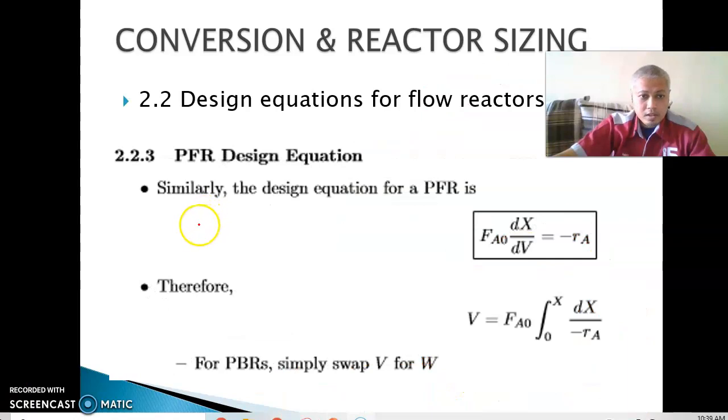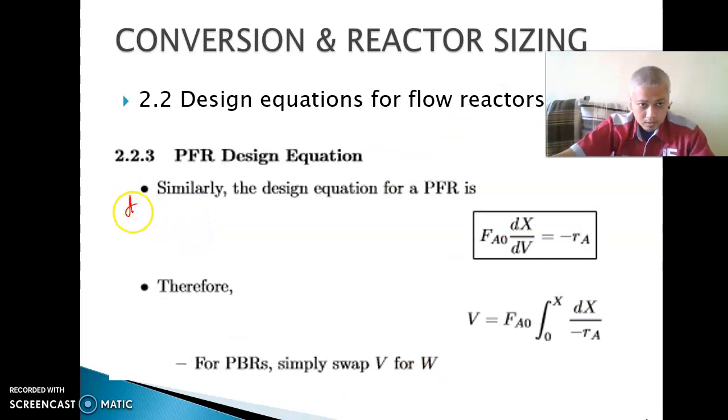Previously for PFR, we have learned about this formula. You can always refer back to the previous lecture to get a clearer picture regarding this topic. After we integrate, we get this formula over Ra.